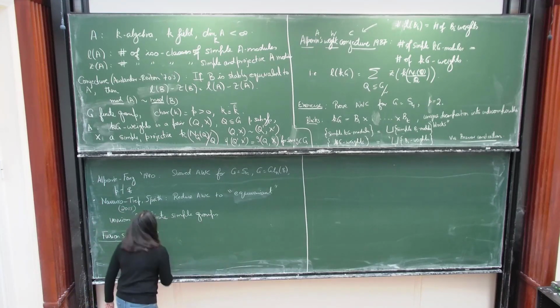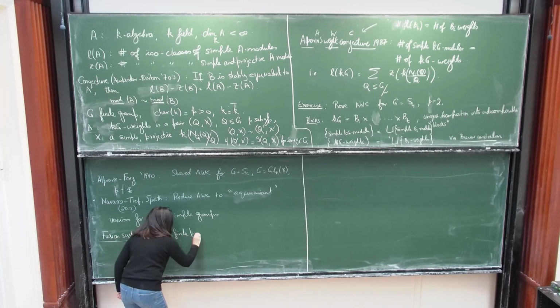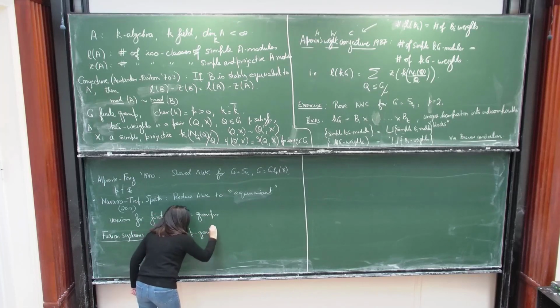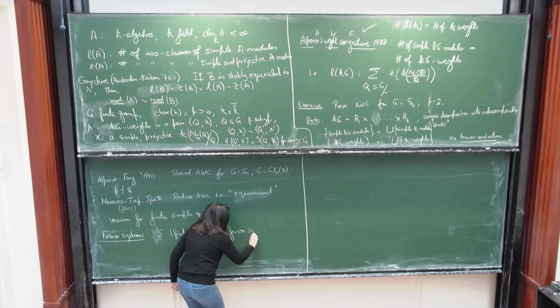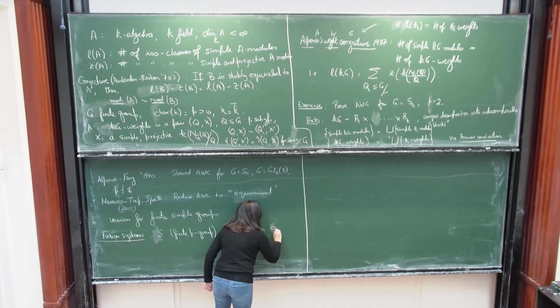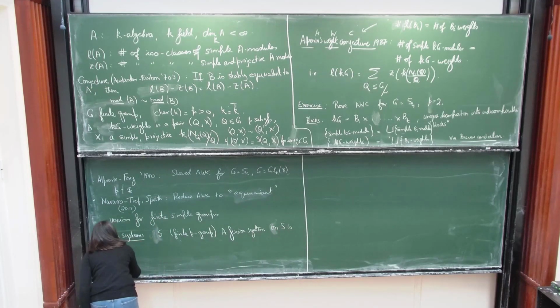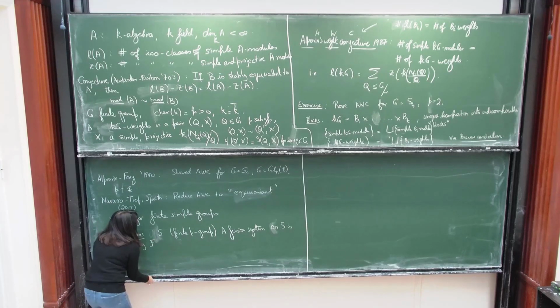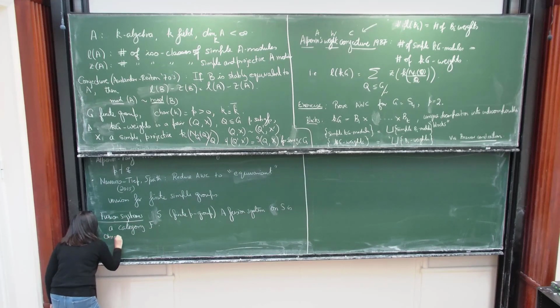Now I'm going to let S be, for now, a finite group. A fusion system on S is a category F with objects, so it's a very small category.